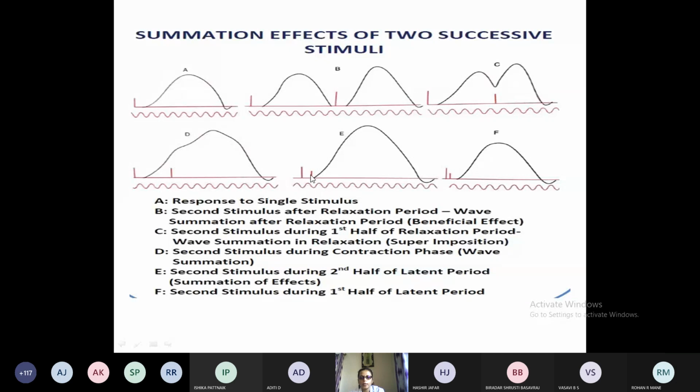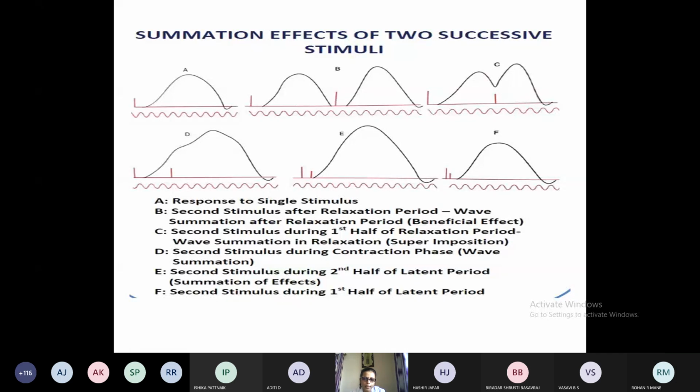And this last one, the second stimulus is applied during the first half, meaning exactly where we are applying during the latent period. So do you think this second stimulus is beneficial? Here the second stimulus is not at all beneficial. Here the stimulus is applied where the muscle is inactive, where the muscle is preparing itself.